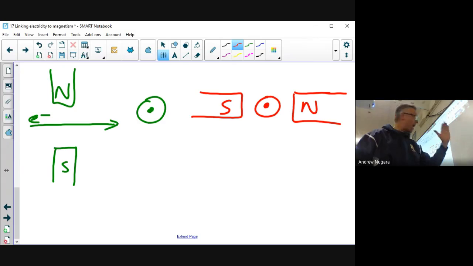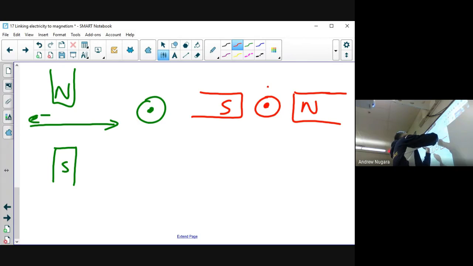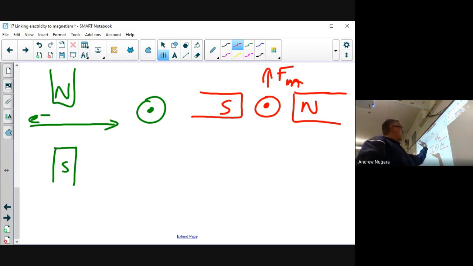My thumb points out of the board, like this, out towards me. Which way are my fingers going to go? From the north to the south, so I have to tilt my hand like that. And which way is my palm facing? Up. So this one, the magnetic force, F subscript M, is up. So the wire will be forced up.